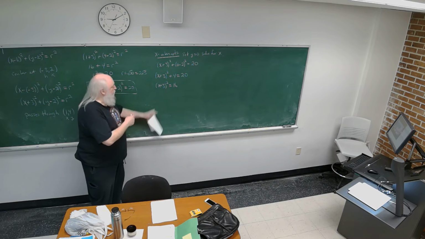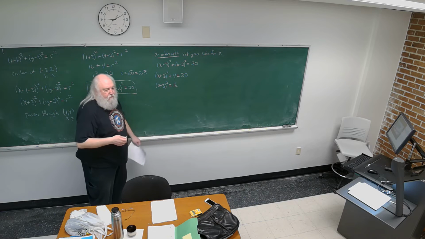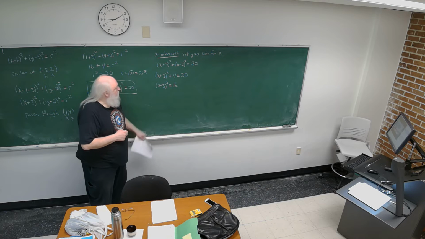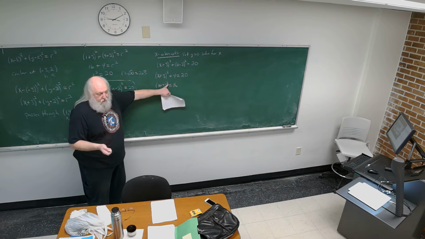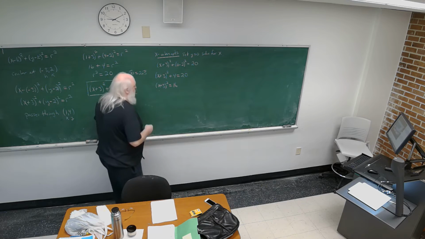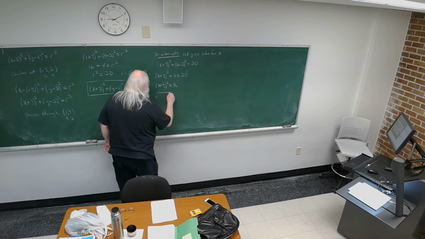Now you could FOIL this and write it as a quadratic equation in one variable and then factor or use the quadratic formula, but we can actually use what's called the square root method to solve for x. So we take the square root of both sides.